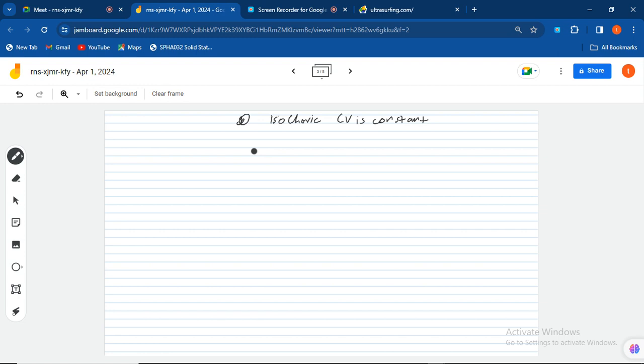But for process BC, P1 V1 equal to NR T1, and P2 V2 equal to NR T2.